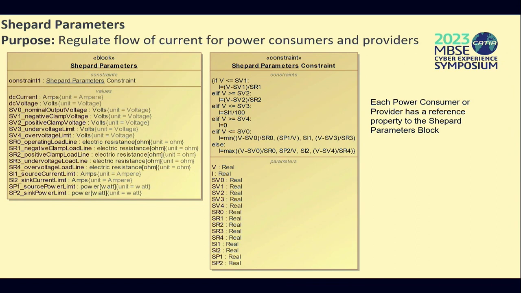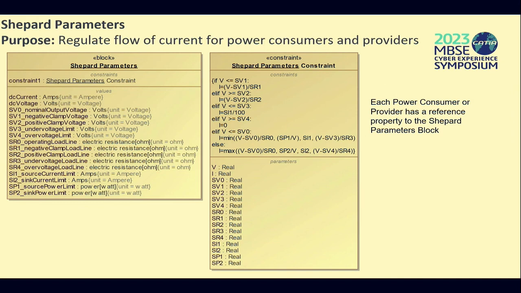So this is the block that we're calling the shepherd parameters, and this is really the star of this model. It's the solution architecture that is really causing all of these different modules that connect to the bus, whether that's power consumers or providers, to behave the way they do. So if you notice, we have a block that's named shepherd parameters, but then there's also a constraint block that has an equation, and it's really an expression that's an if-then-else statement.